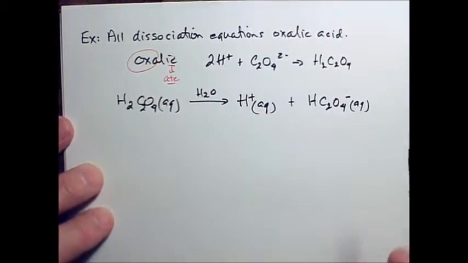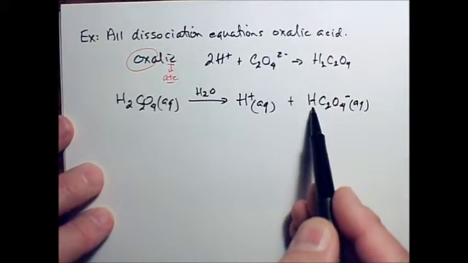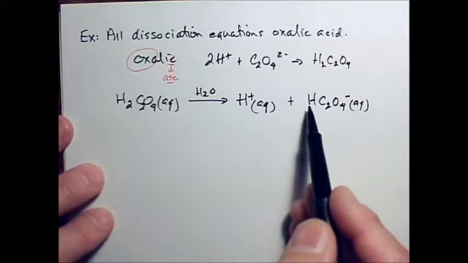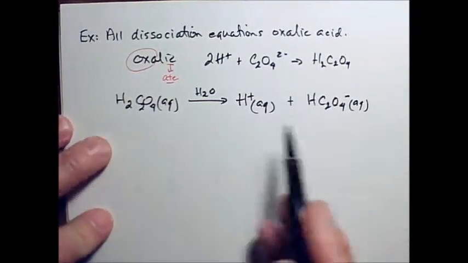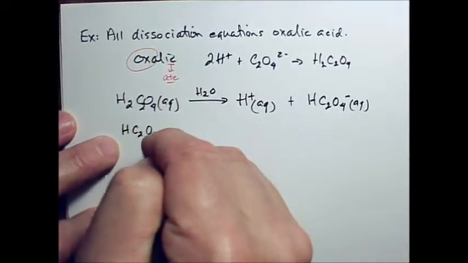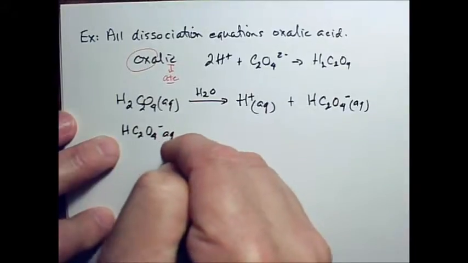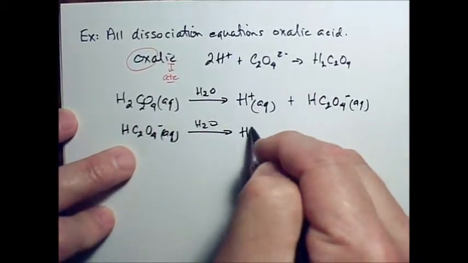The second dissociation starts with this. I still have a hydrogen I can remove. That's the second ionizable hydrogen. That's what makes this a diprotic acid. Okay, so we're going to start with this. Pull off a hydrogen ion.